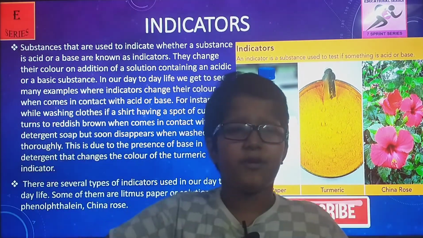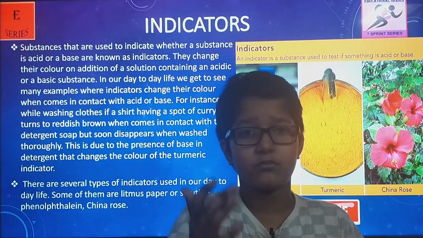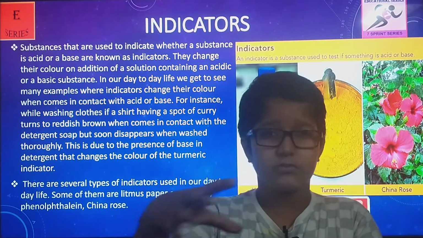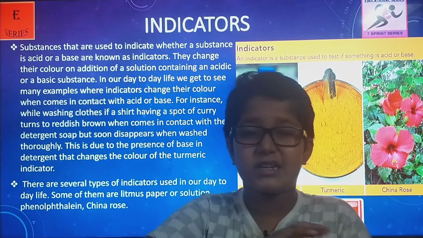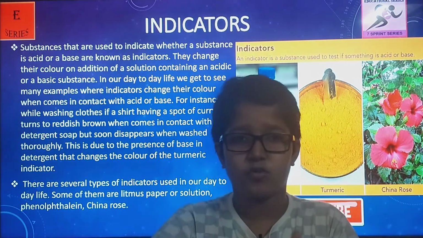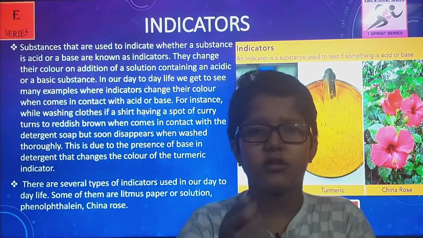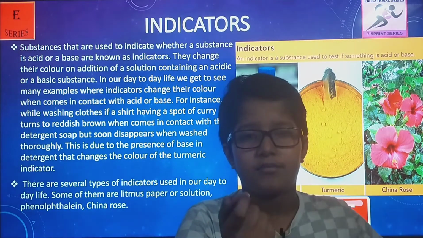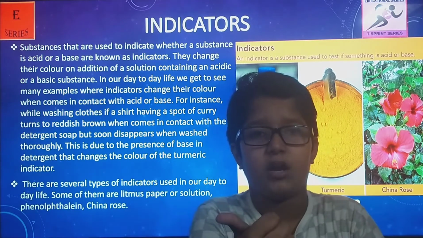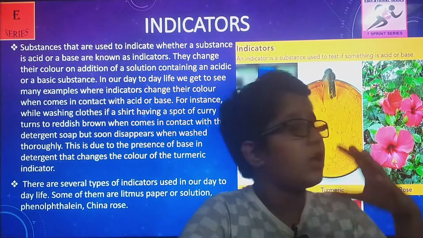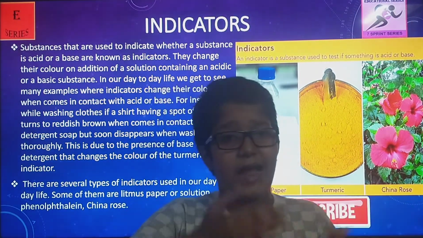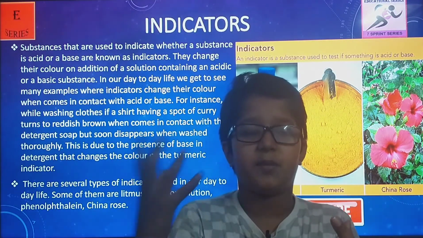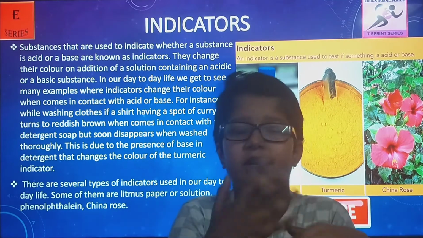When you rub it with soap, when you clean it at home, you may have observed that if your mother cleans it, that patch turns red in color. Why? Because turmeric is an indicator, and that soap is a base, so when a base comes in contact with turmeric, it turns red.